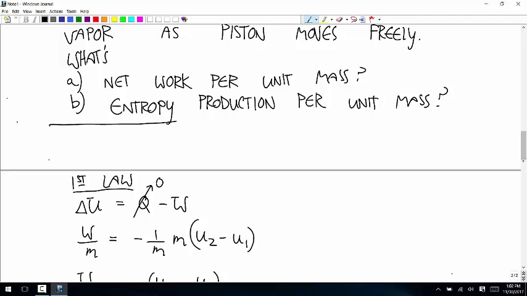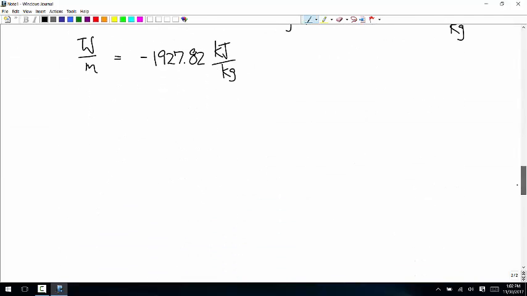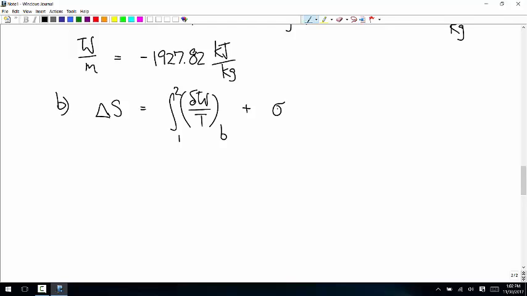And then the second one, we want the entropy production. So we know that we're going to use the change in entropy is equal to the integral from state 1 to state 2 of delta Q over temperature all the way around the boundary, plus the thing we're trying to find, the entropy production. Delta Q, yes, sorry.